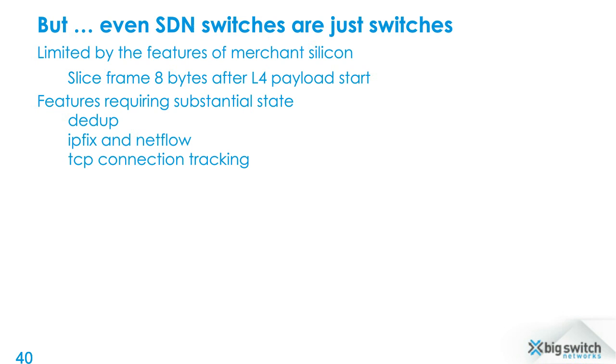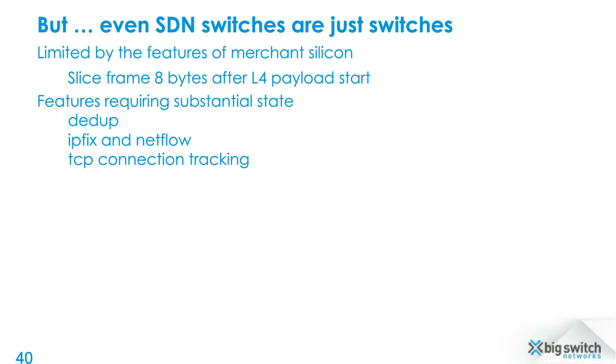And when you look at some of the requirements that customers have for a network packet broker, they include various feature requests that are very difficult to implement on top of switches. They include, for example, slicing, which oddly enough seems like a straightforward operation, but identifying where the L4 payload actually starts in a frame is something that switches really don't care much about.